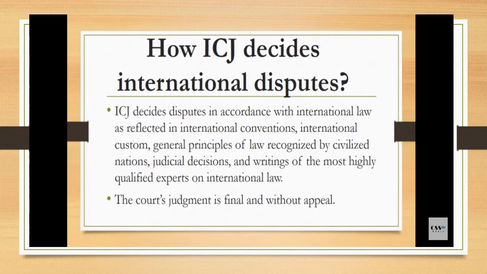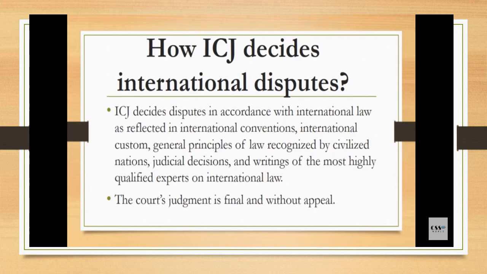Of course, the International Court of Justice is a court that voluntarily works for international peace and to resolve international disputes. So there must be some rules and regulations on the basis of which the matters would be resolved.